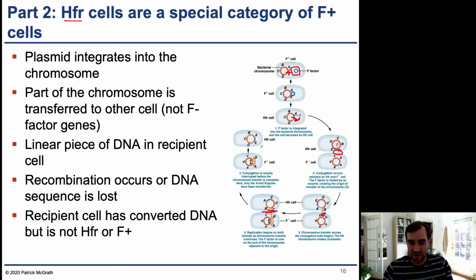So what happens to that linear piece of DNA? This linear piece of DNA is unable to be replicated. A bacteria cell can only replicate circular DNA. It's not able to replicate a linear piece of DNA. So normally you would think it would just eventually get lost from the cell. But the cell is actually able to recombine parts of the DNA from that linear strand with the host chromosome.